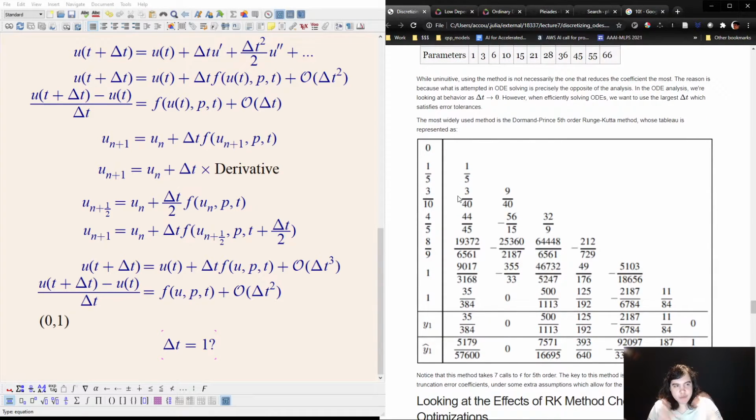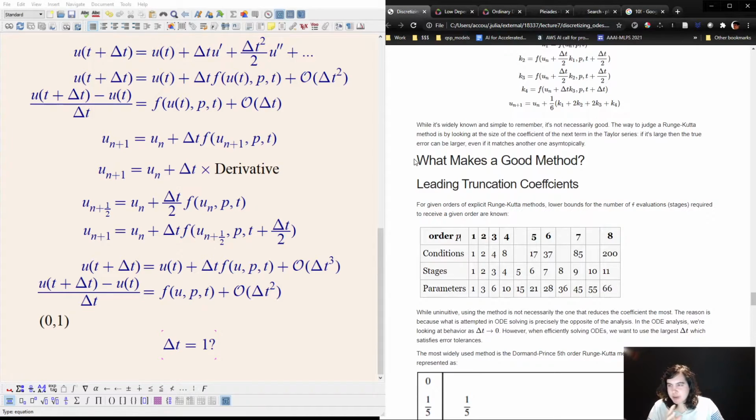Actually, before we look at a few plots, what makes a method good? The first thing that you can start to look at for a given method, all things being equal, let's say you had 2 methods of the same order. Assuming that delta t is small enough, maybe that's a bad approximation, but assuming delta t is small enough, then the term to the next order, so if I have delta t to the nth order, delta t to the n plus 1 is orders of magnitude smaller than the other terms.